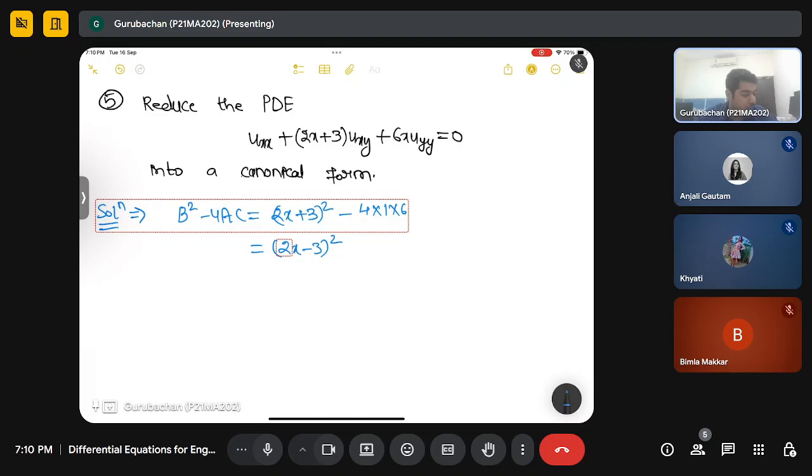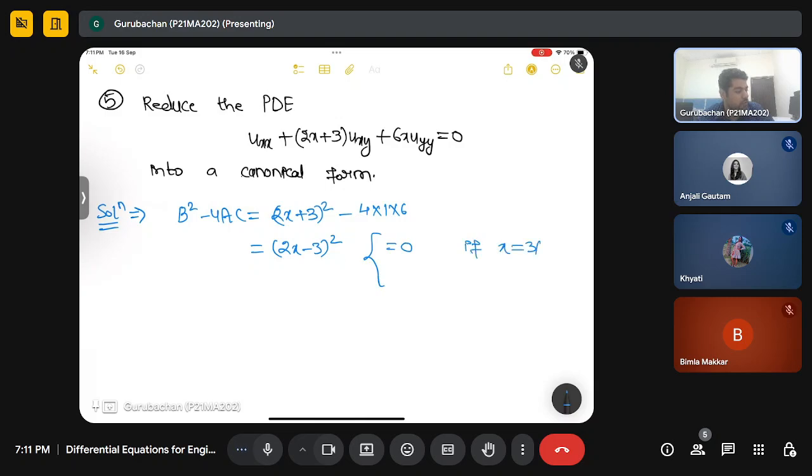One is when x equal to 3 by 2, this will be 0. And if x is not equal to 3 by 2, then this will be strictly positive.